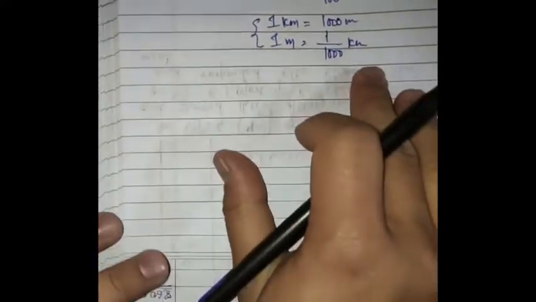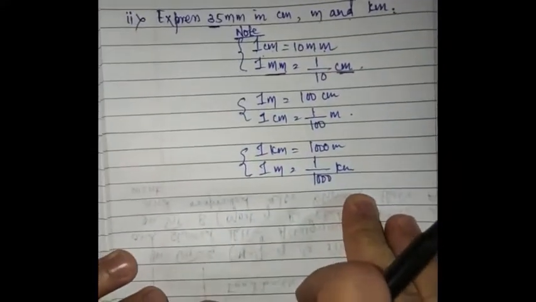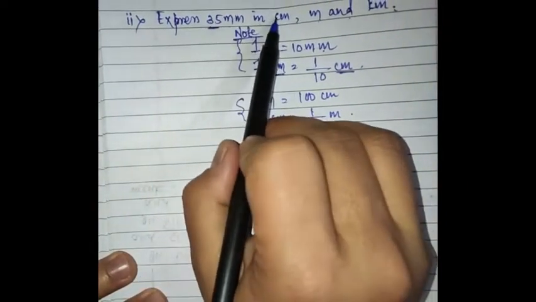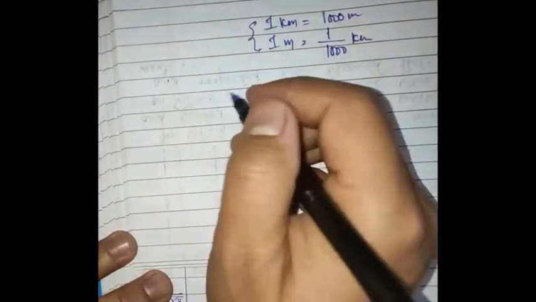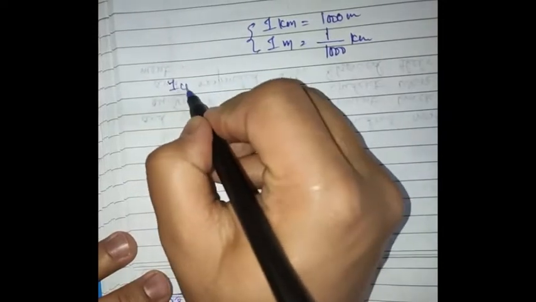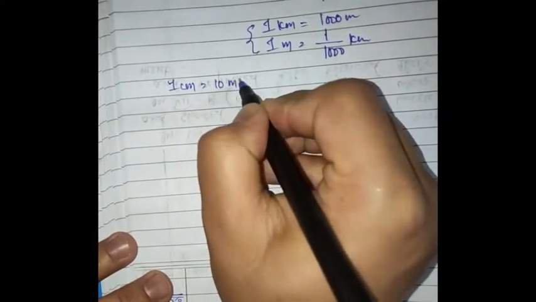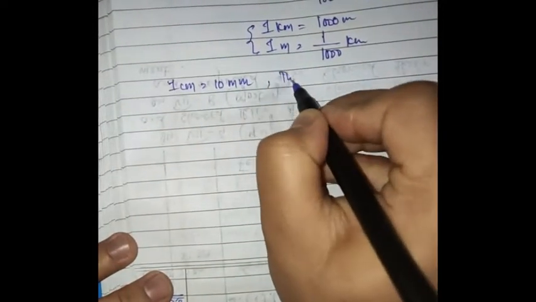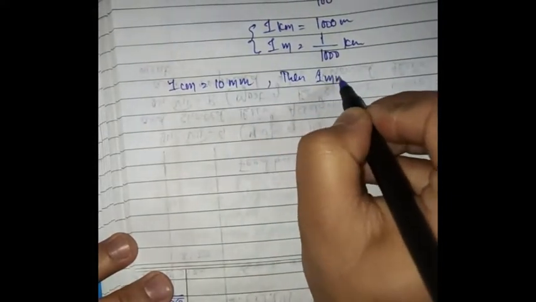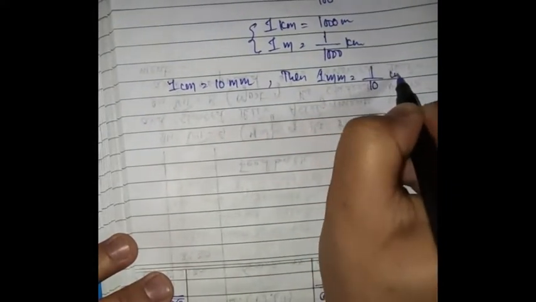So let us solve this problem. Your question is to express 35 mm in centimeter, meter and kilometer. So we can write 1 centimeter equals 10 mm, right? Then we can write 1 mm is equal to 1 by 10 centimeter, isn't it?